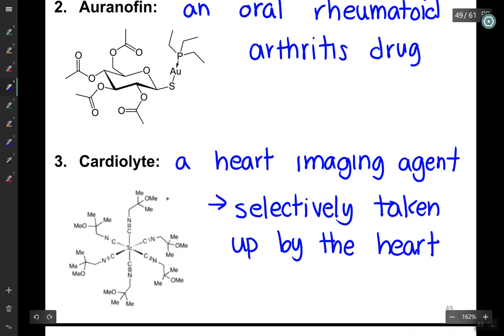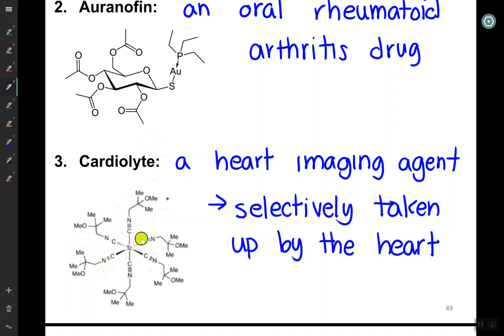Because if you have a diagnostic agent that just goes everywhere in the body, it's not very useful, because then you see too much background signal. So for technetium, this cardiolite molecule, it's able to selectively localize in the heart.